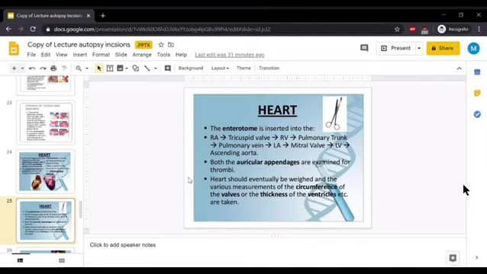Both the auricular appendages are examined for thrombi. The heart should eventually be weighed, and various measurements of the circumference of the valves and the thickness of the ventricles are taken.